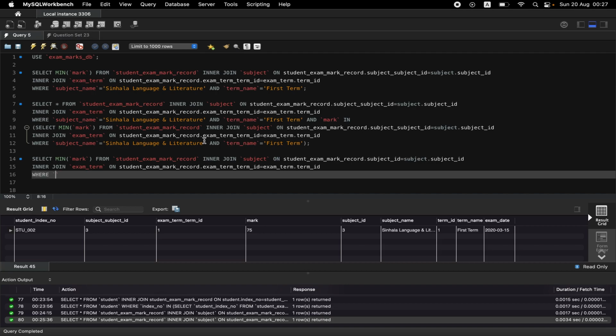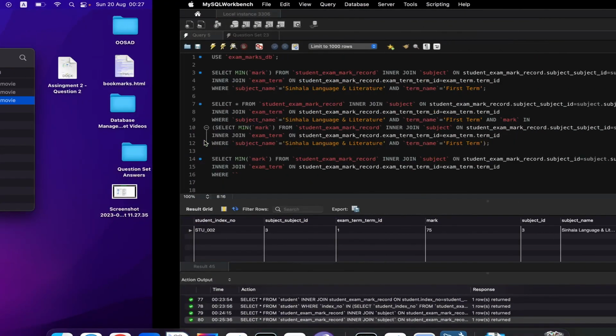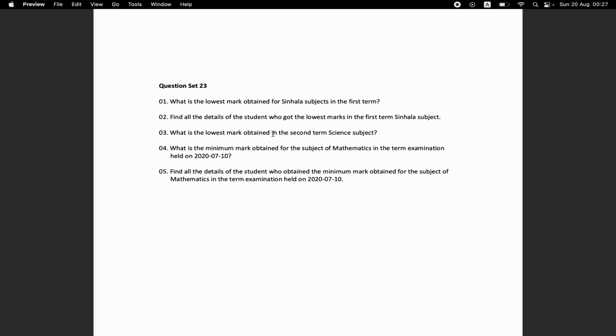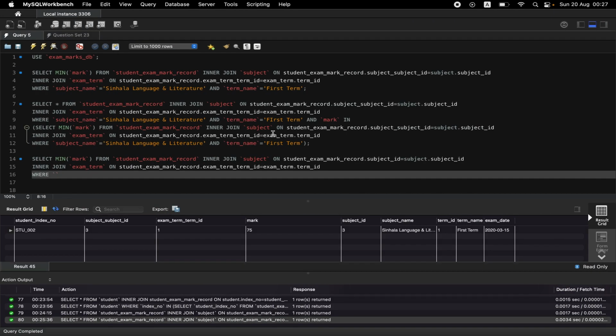where the subject is science and exam term is second term.